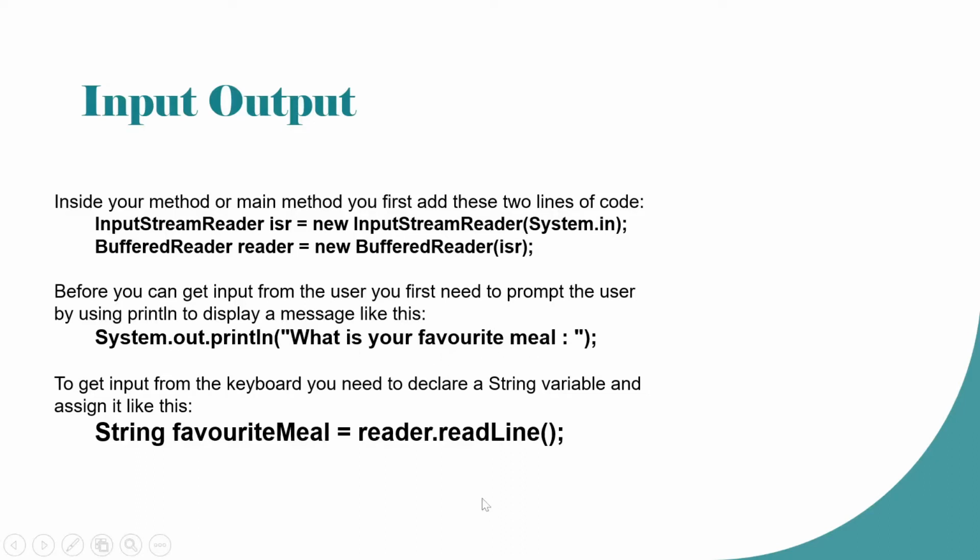To get input from the keyboard, you need to declare a string variable and assign it like this. So my string variable is favoriteMeal, and I assign it to reader.readLine. So when I get the user to type something and press enter, that will be stored in my variable, in this case the favoriteMeal.